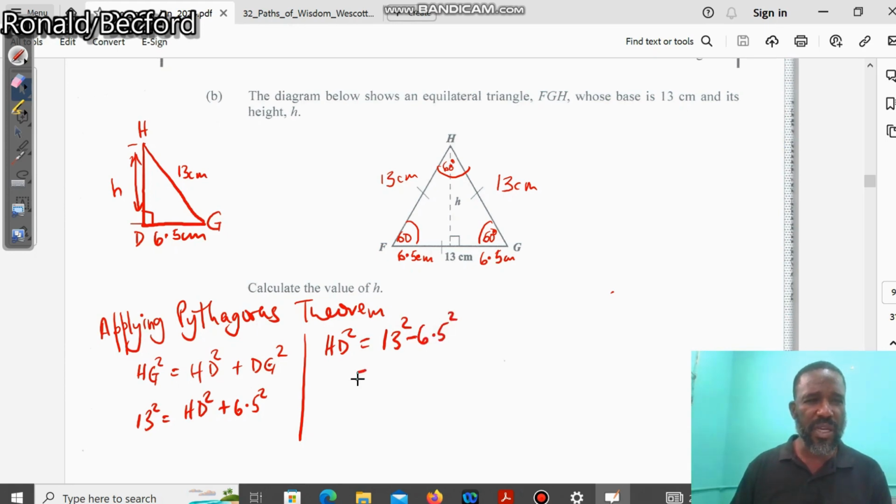So 13 squared is 169, minus 6.5 squared is 42.25. So 169 minus 42.25 is equal to 126.75.